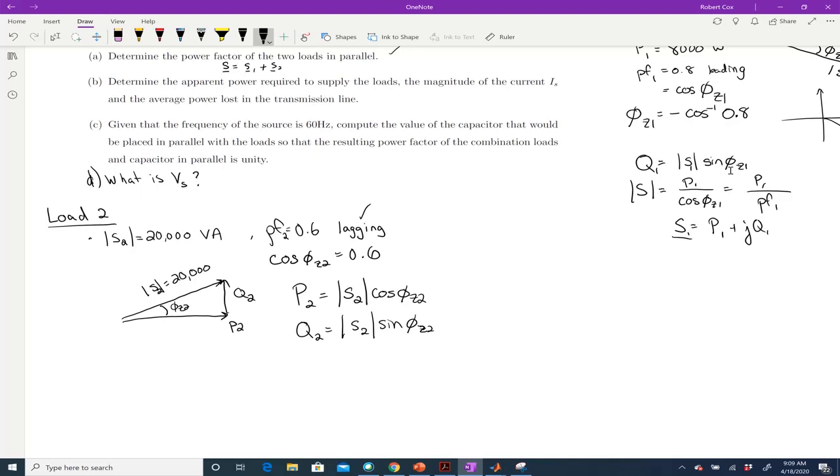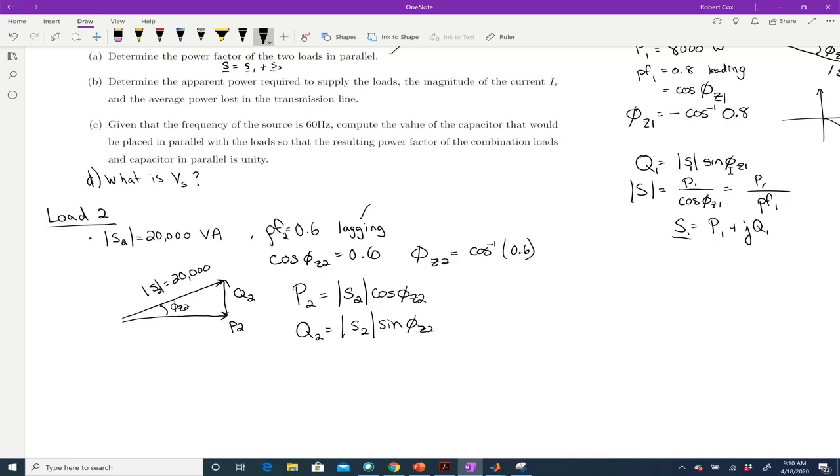Here, phi z2 is simply cosine inverse of 0.6. I don't put a negative sign in because, by default, inverse cosine gives me the positive angle.